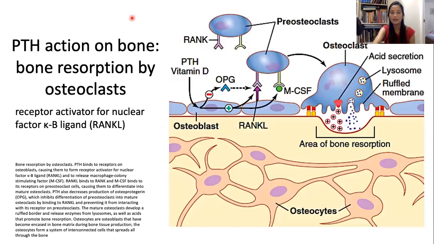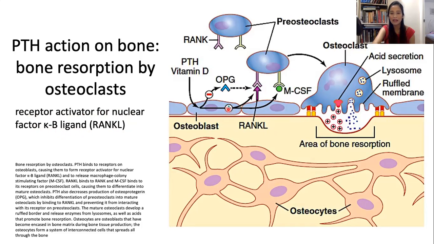So I mentioned earlier that PTH has a direct action on the bone. So how does PTH act on the bone by stimulating bone resorption of your osteoclast? So your PTH attaches to its receptor, your PTH receptor, in your osteoblast. The attachment of your PTH to the PTH receptor in the osteoblast will result in the formation of your RANKL, or your RANK ligand, or your receptor activator for nuclear factor kappa B ligand.